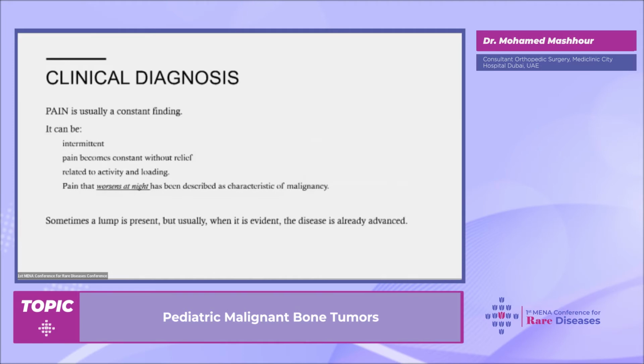How do we diagnose? What is the clinical presentation of any child with malignant bone tumors? Pain is the most common presentation, and pain is what drives patients to the doctor, not the swelling. It can be intermittent. It can be constant without relief, not responding to non-steroidal anti-inflammatory drugs and painkillers, always related to activity, and worsening at night.